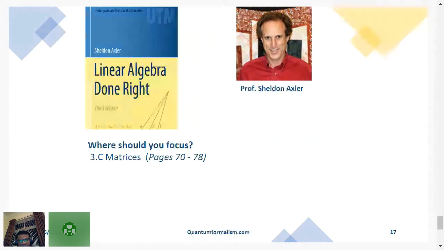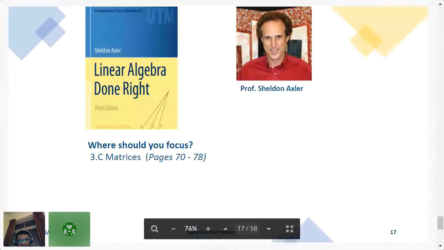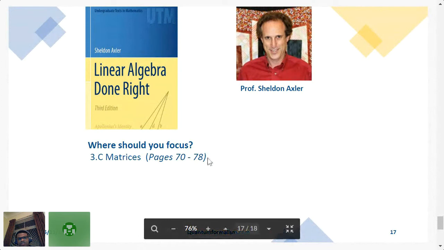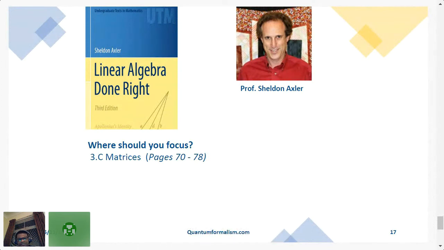So for this section, section 3C, matrices, pages 70 to 78, you will see he might have a different definition or a different way of presenting the product. And actually I have another book that I wanted to share, but because it's free, I'm not sure about the licensing. That's why I didn't want to share until I double check.